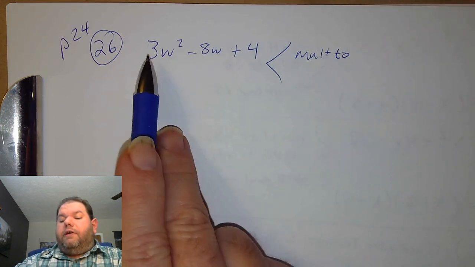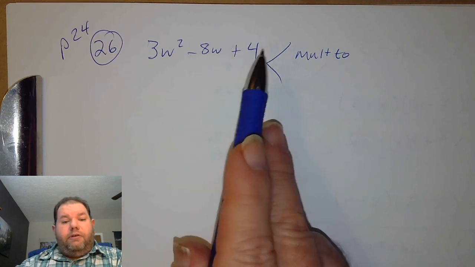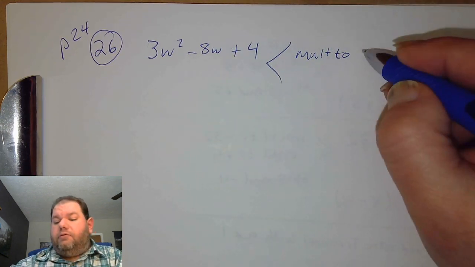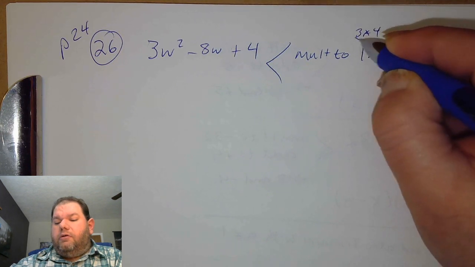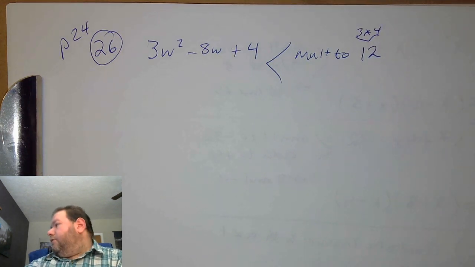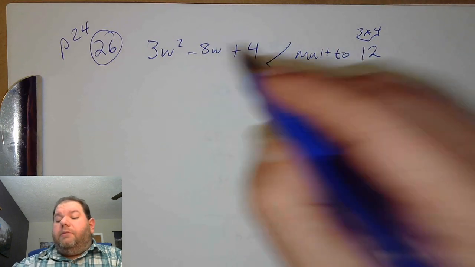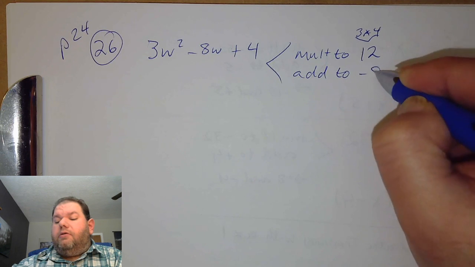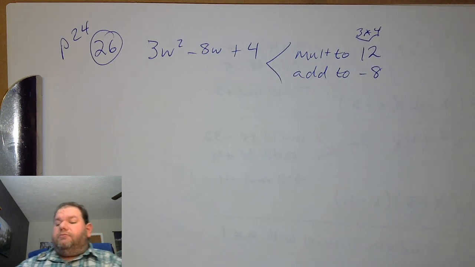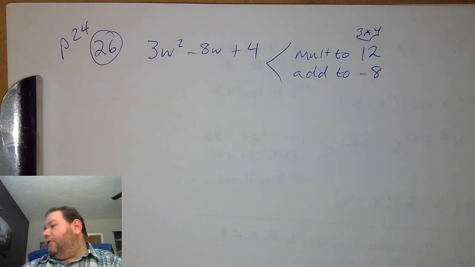Now we look at a and c, which is 3 times 4. And that gives us 12. And we want the numbers to add up to negative 8. So what multiplies to 12 and adds to negative 8?